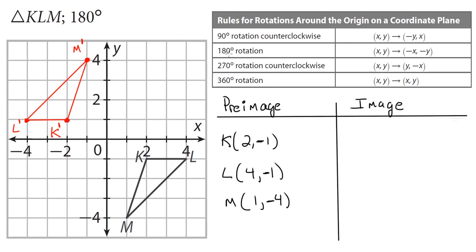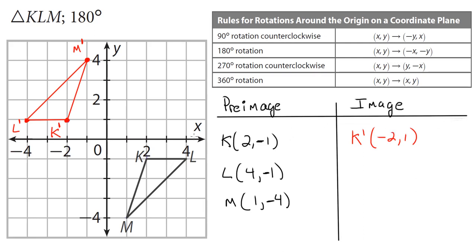It tells us that on a 180-degree rotation, (x, y) becomes the opposite of x, the opposite of y. So (-x, -y). So looking at K was at (2, -1), and K prime is at (-2, 1). So we can see the opposite of 2 is -2, and the opposite of -1 is positive 1.